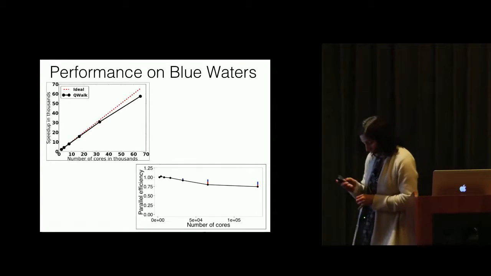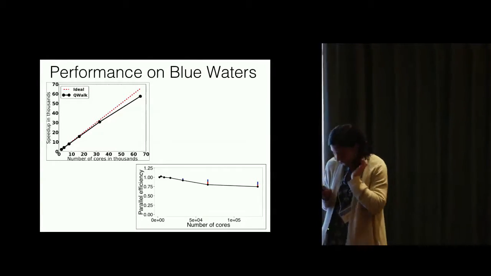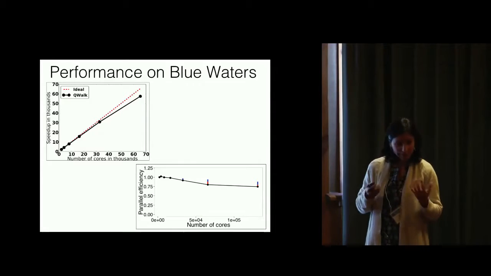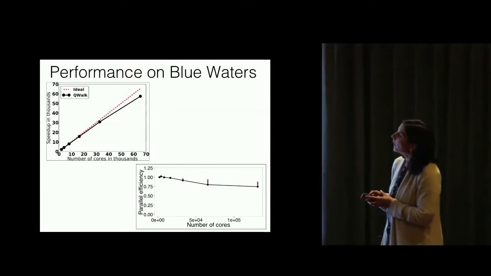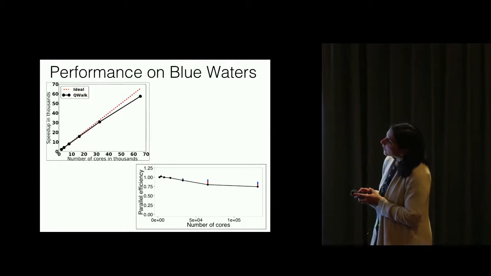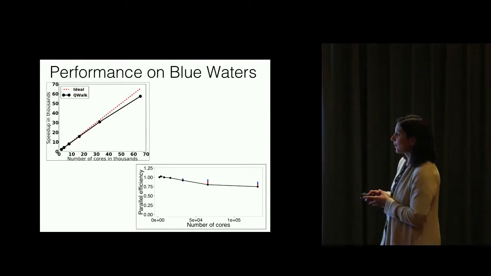Okay, so why does this work so well on Blue Waters? Well, at the end of the day, we are doing sampling, and so sampling is relatively easy to parallelize. Here's our performance, speed up in thousands versus number of cores. Pretty good, up to about 70,000 cores or so. Here's the parallel efficiency, again, plotted versus the number of cores.